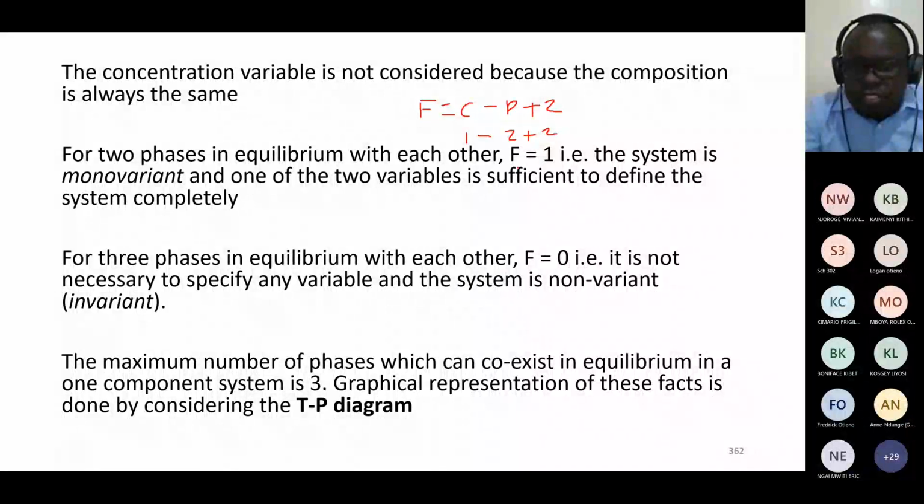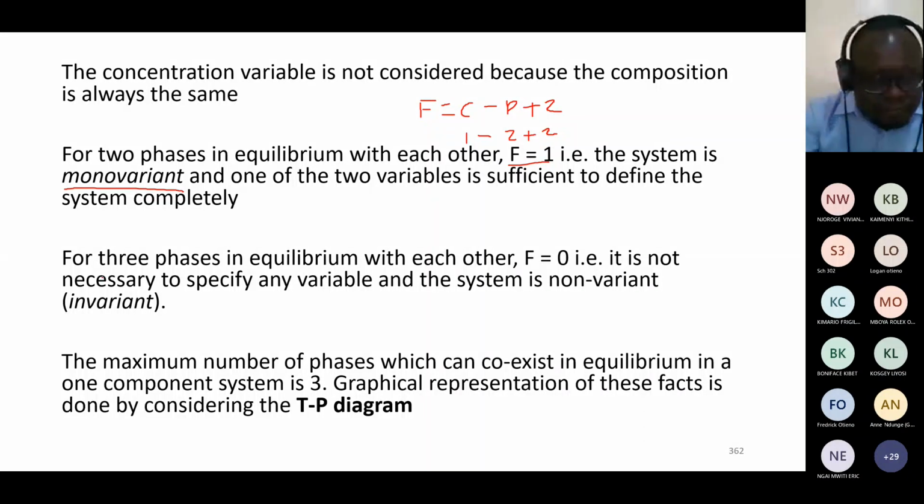So the degree of freedom here is going to be equal to 1. What this means is that the system is monovariant. This is what we mean by a monovariant system. That is, one of the 2 variables is sufficient to define the system completely. You only need 1 variable.